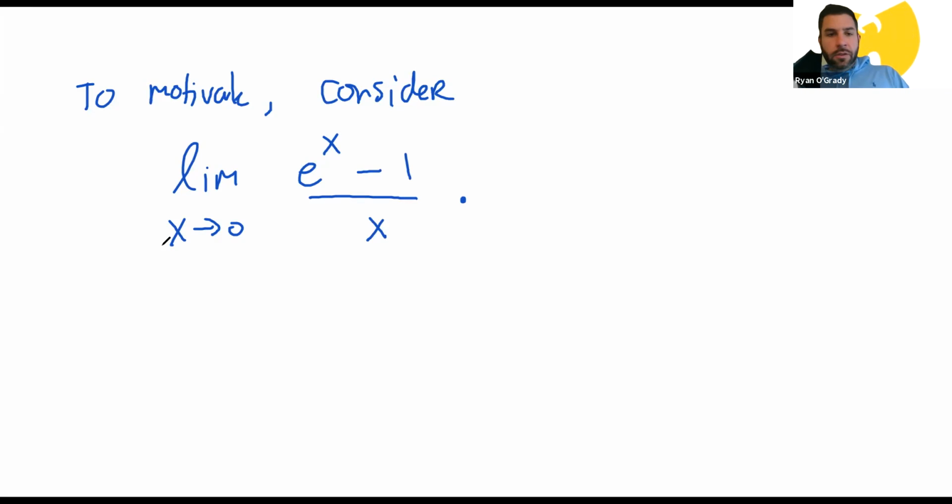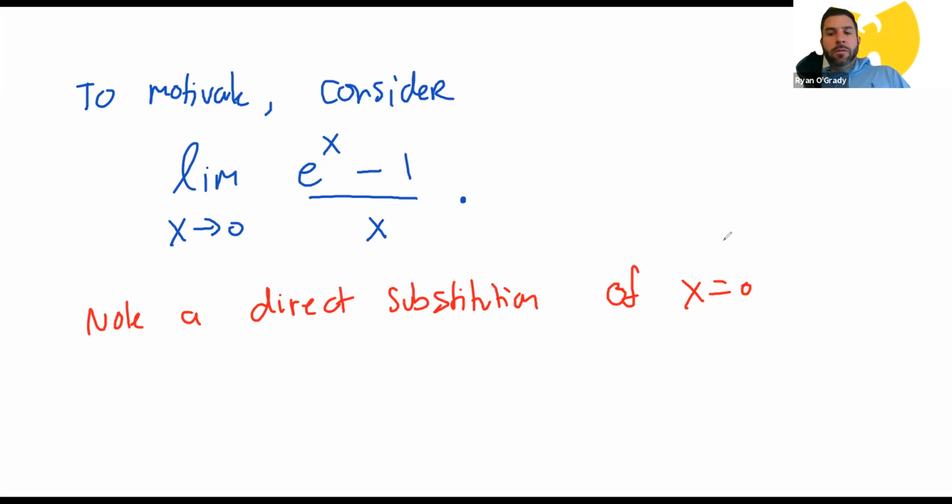You note that direct substitution of x equals 0 gives 0 over 0.